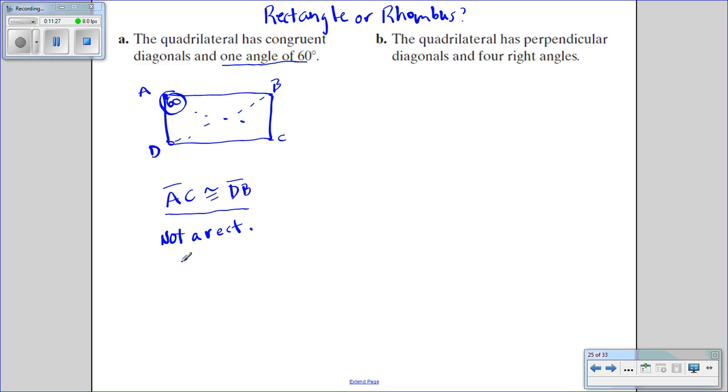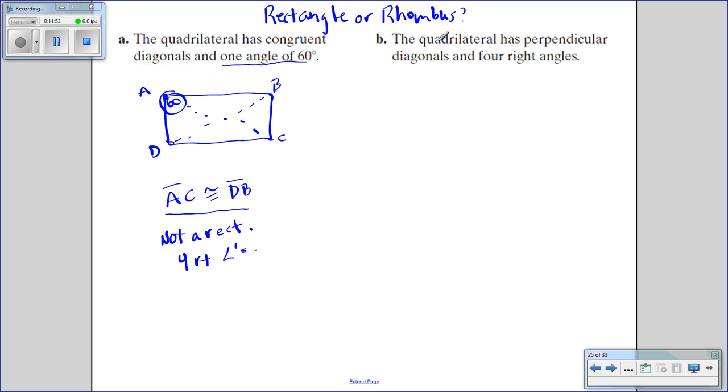A rectangle has 4 right angles. So if this is 60 degrees, and the diagonals are congruent, it's definitely not a rectangle. Now, is it a rhombus? Well, I don't think we have enough information to say that. So I'm going to leave that blank for now.